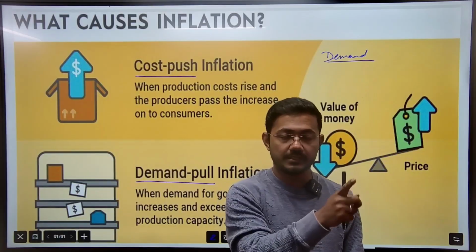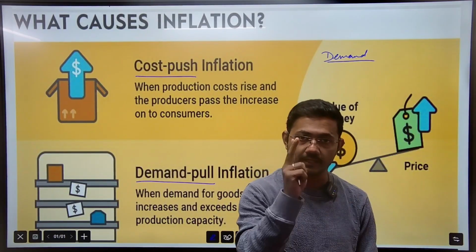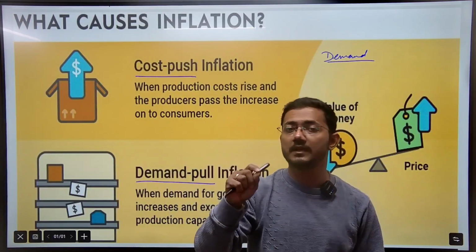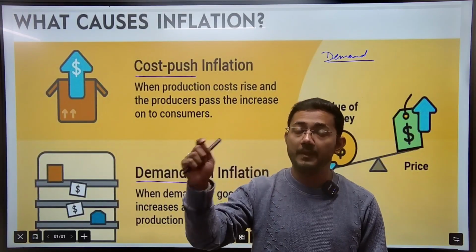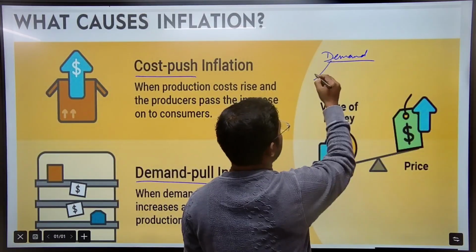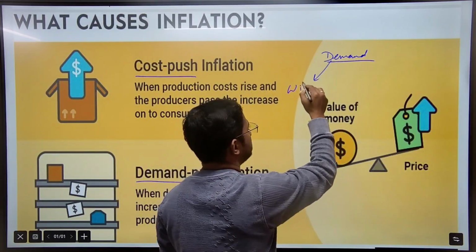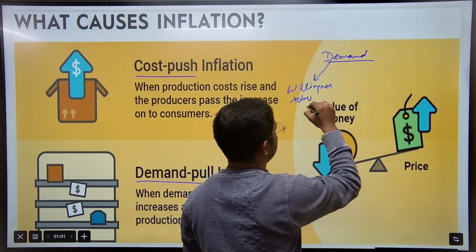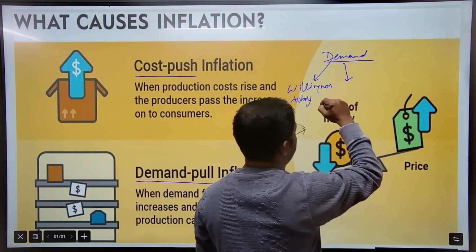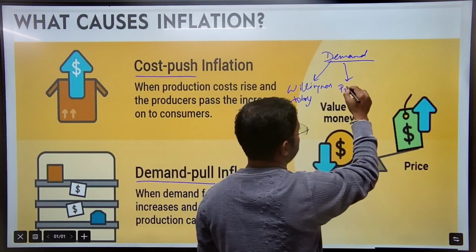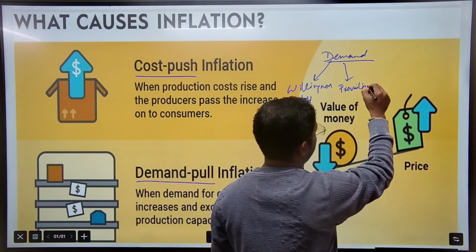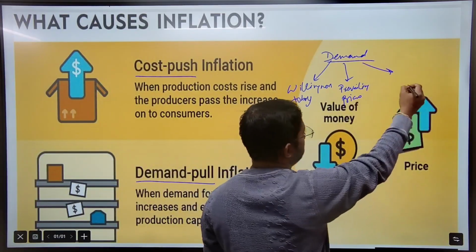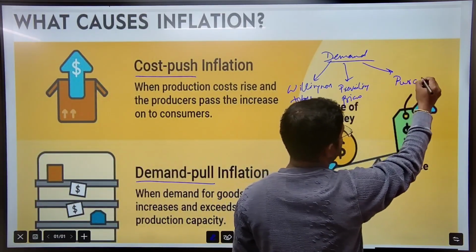The first is your willingness, the second is that you want to purchase at the prevailing market price, that is the price of the product currently available at market, and the third is that it should be backed by purchasing power.